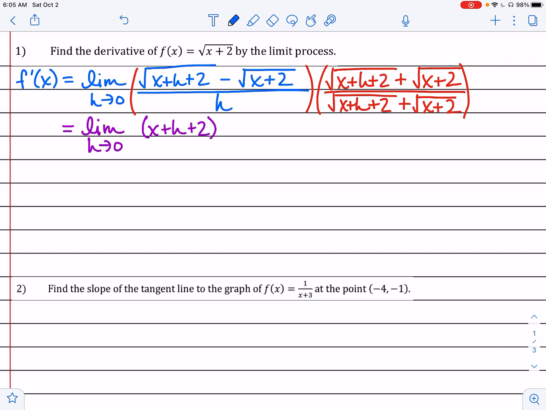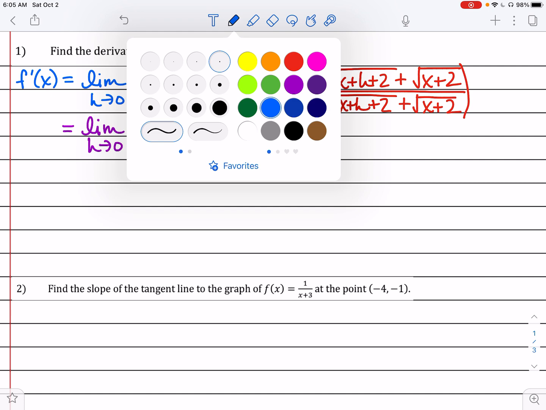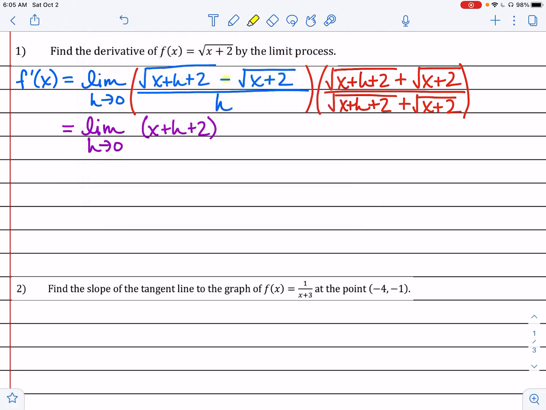And then when you do inside, you'd get negative square root of x plus 2 times x plus h plus 2. So those two terms will be identical but opposite, so they cancel. So then you're going to say, well, this times this is a negative x plus 2.